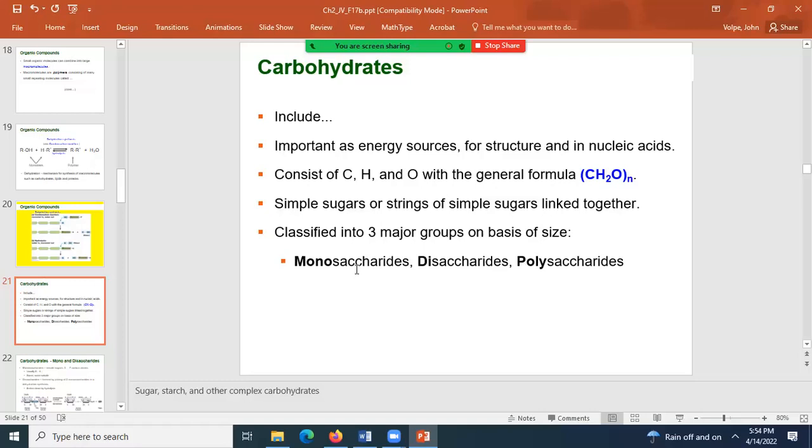Monosaccharides are the smallest carbohydrates, a single sugar group. Disaccharides are 2 sugar groups hooked together. And polysaccharides are long, big molecules composed of many sugar groups. Any question about any of that?